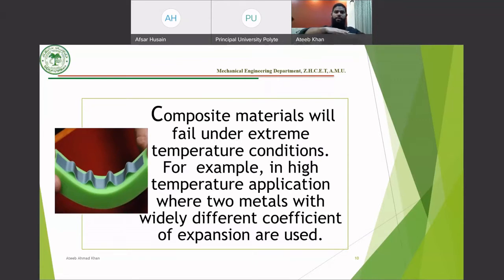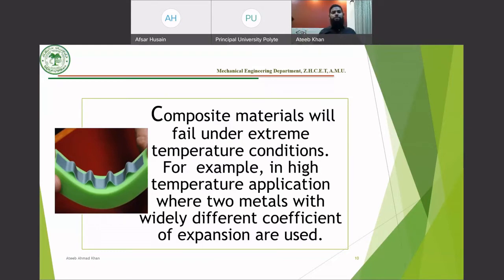At room temperature, they will perform normally, but at elevated temperature, what will happen? This has a different coefficient of expansion, so it will expand at a different rate. Similarly, this has a different coefficient of expansion, and these coefficients of expansion are very wide apart. So they will expand at different rates. So what will happen? Delamination will occur. This layer will no longer be sticking with this layer, and this layer will separate out.